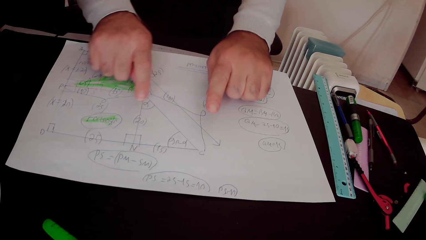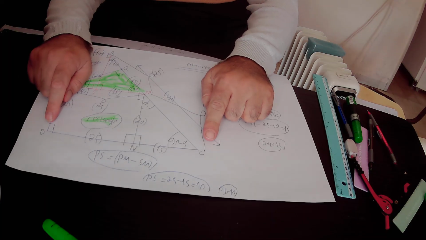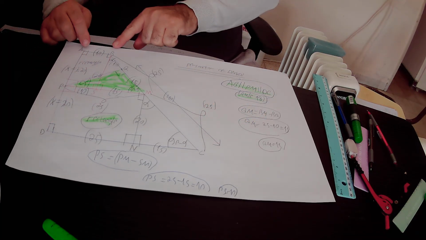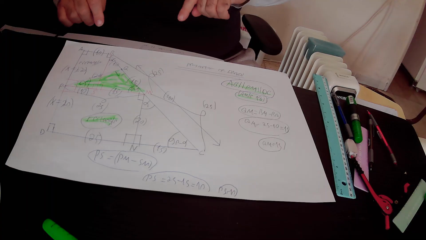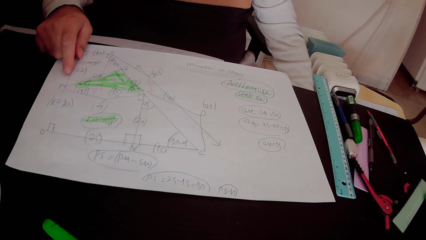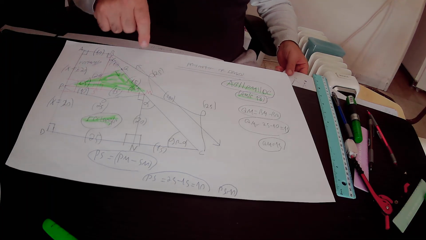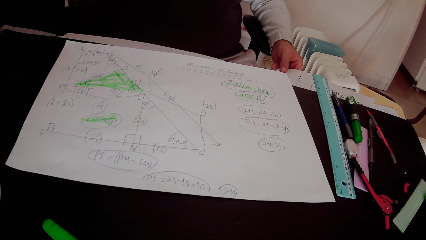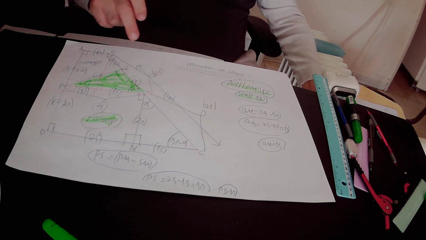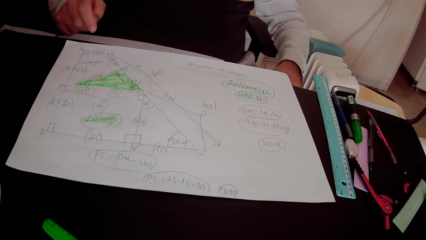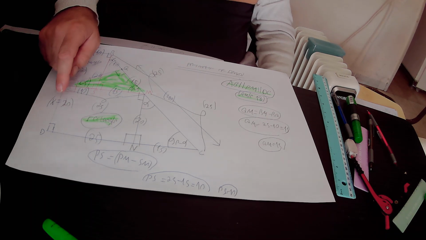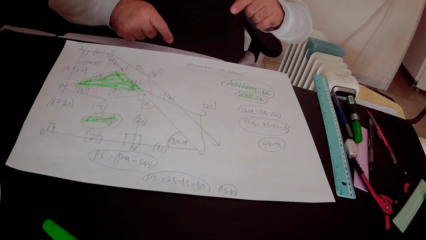So DC in total equals 25 plus 15, that is 40. AB is the missing side. First of all, quadrilateral ABCD is a trapezoid because side AB is parallel to side DC according to rule 18.